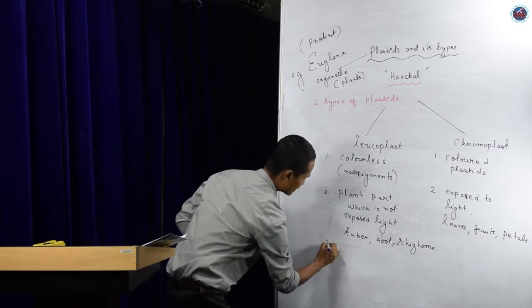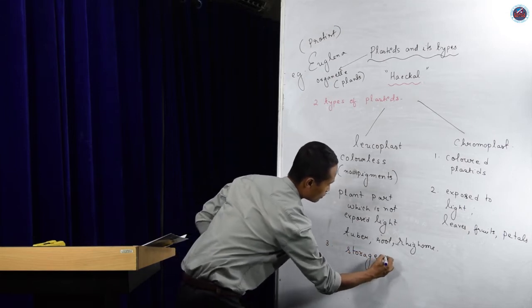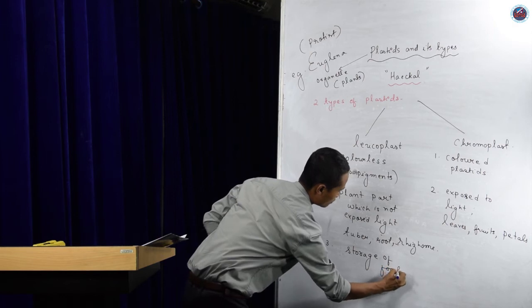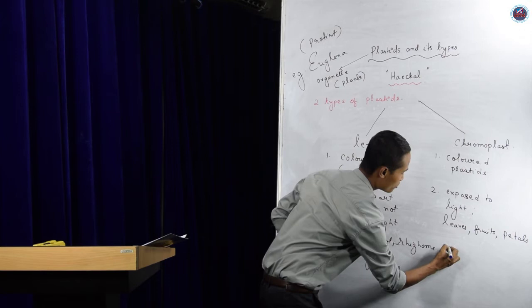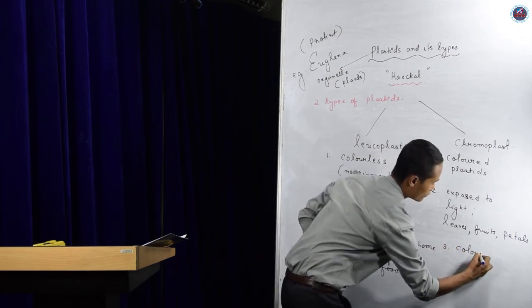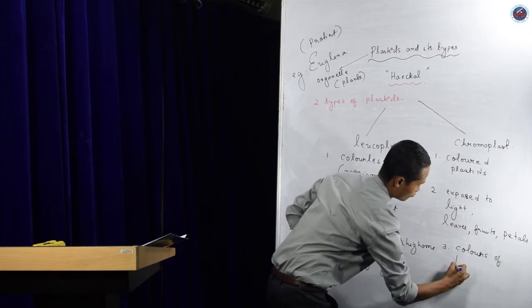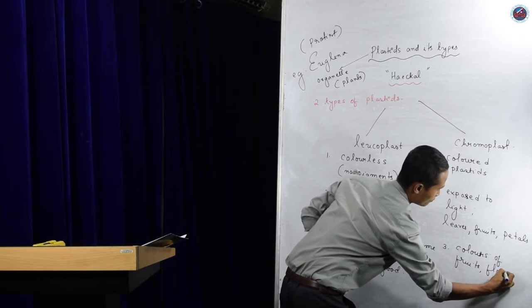Leucoplast is responsible for storage of food, whereas the chromoplasts are responsible for colors of fruits and flowers.